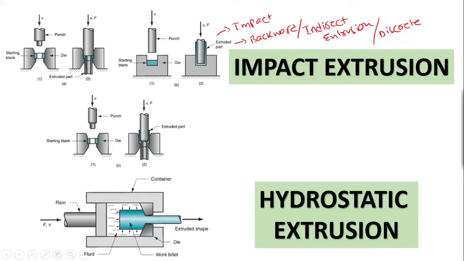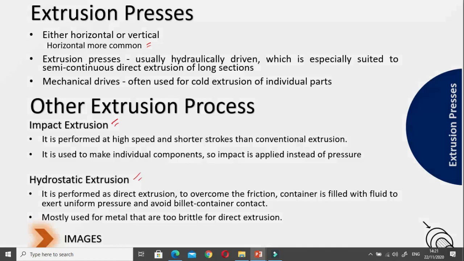Or we have the hydrostatic one. To avoid the frictional effects, and to exert a uniform pressure onto the work part, we apply a hydraulic force onto the work material. That is known as the hydrostatic extrusion process. It is performed as a direct extrusion, and it overcomes the friction because there is no direct contact between the container and the work part, as you have seen in the figure.